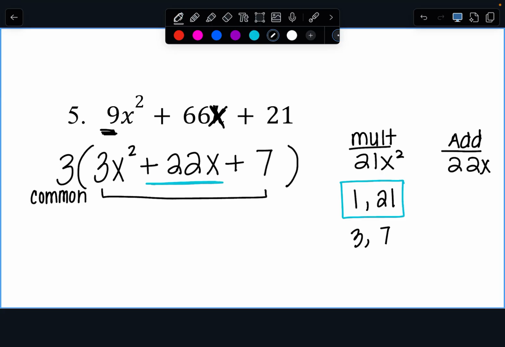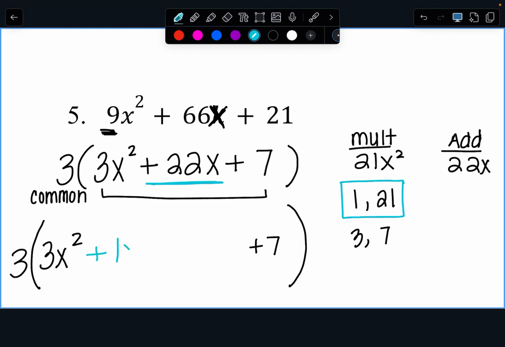So when we do this, this 3 is still going to stay outside. And I'm going to put a big set of parentheses. And then I'm going to treat this just like we did the others. So 3x to the second, that positive 7, and what goes in between is a positive 1x and a positive 21x.